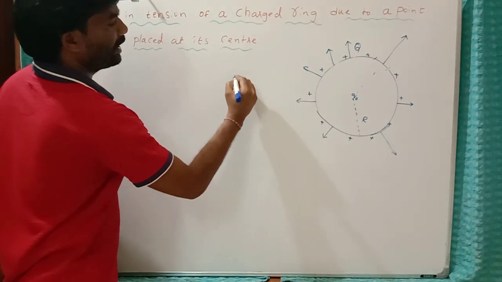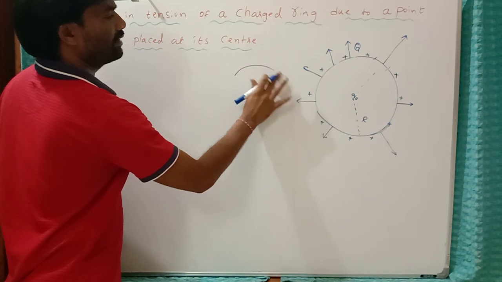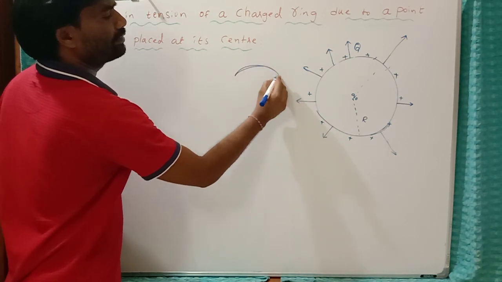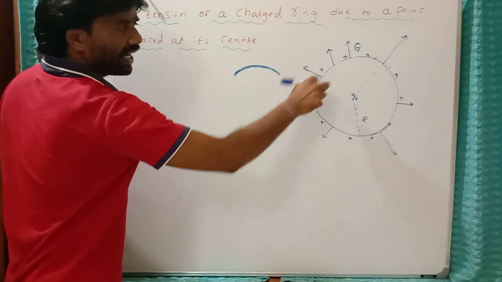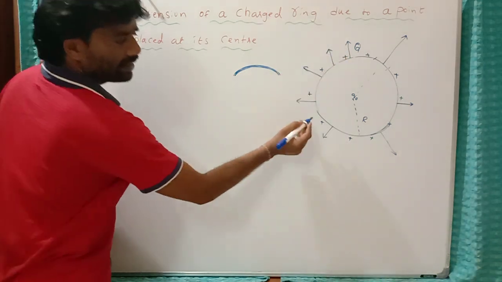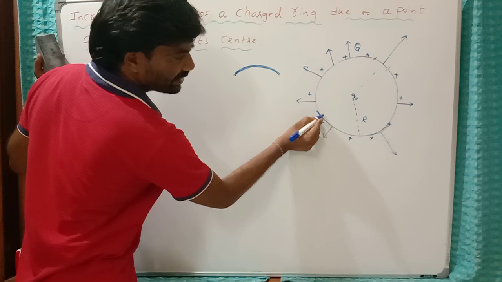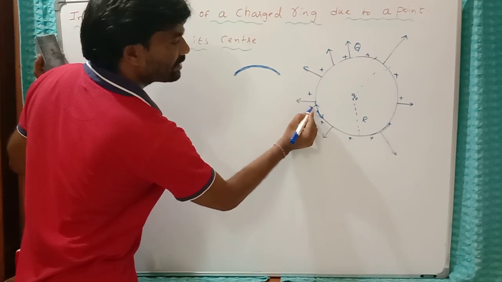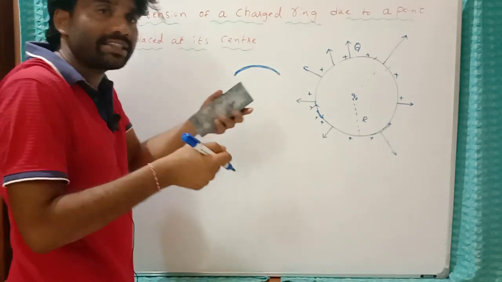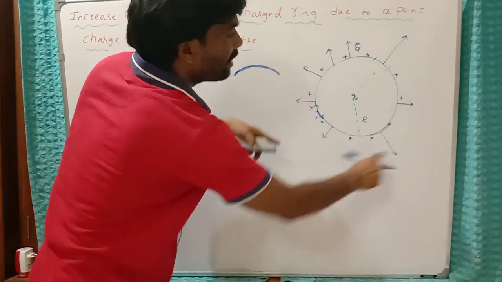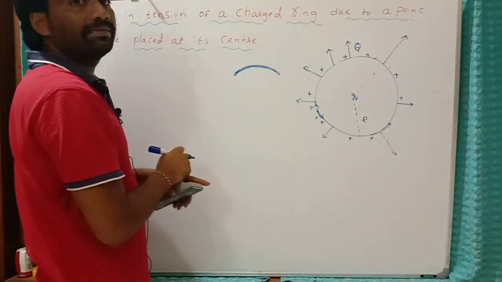In the ring, the tension is uniform everywhere and it acts along the direction of the tangent drawn to the ring. Here at this point the tension is like this. This is T.